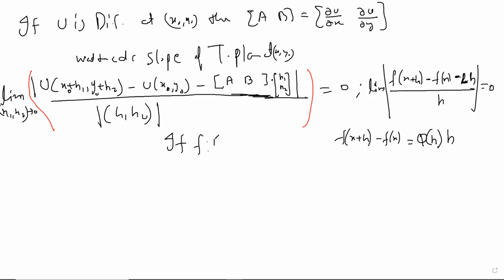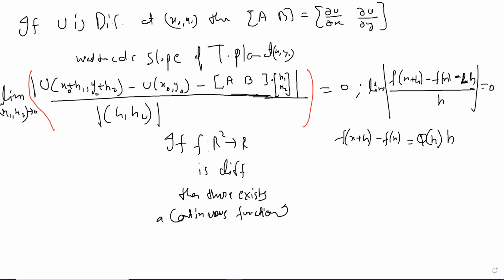If f from R2 to R, like a two-variable polynomial, is differentiable, then there exists a function phi, continuous at 0, such that this happens.